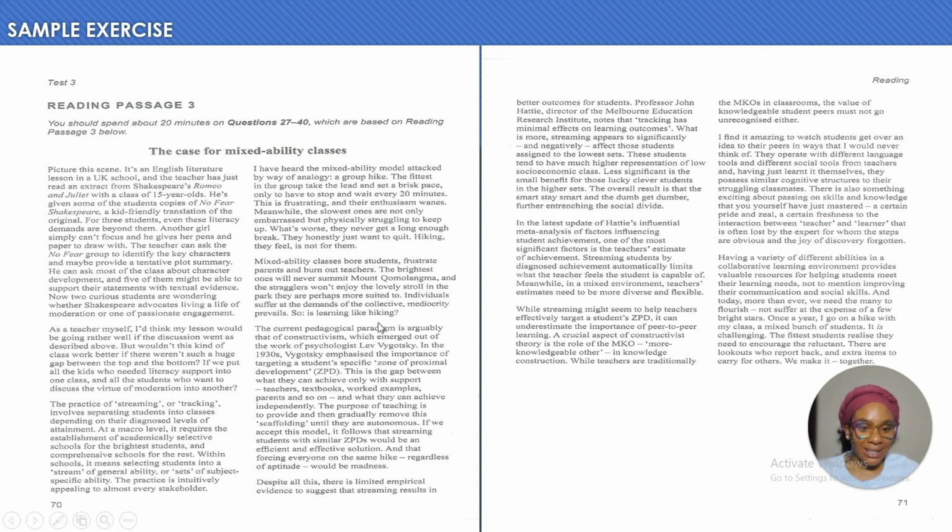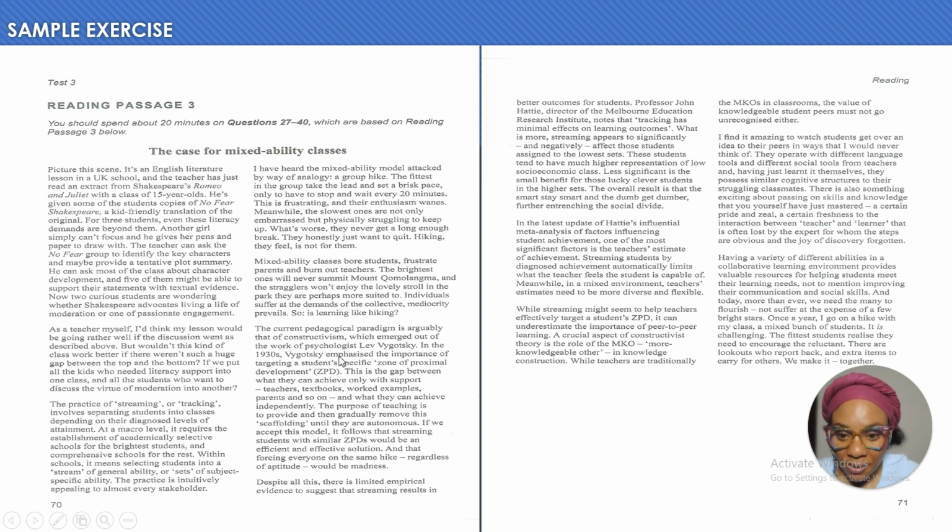Okay, just at first glance, I can already see MKO on the right side. That's the second page, page 71. I can already see MKO, but that is not the question we are on. So you look again carefully. We're looking for that name. Okay.